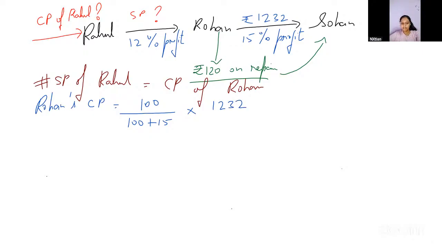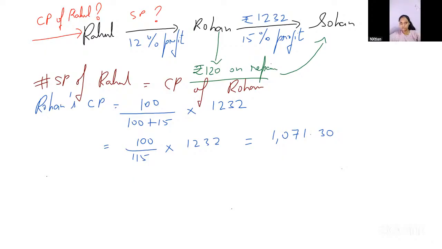Solve this. We have 100 divided by 115 multiplied by 1232. You will get 1071.30.